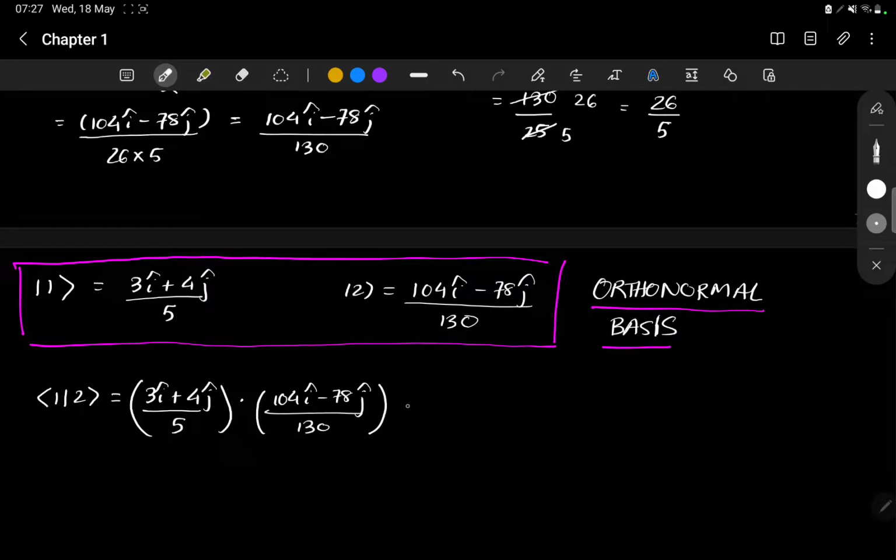So we need to take this dot product. 104 into 3 is 312, and 78 into 4 is also 312. So this is equal to 0, which implies they are orthogonal.